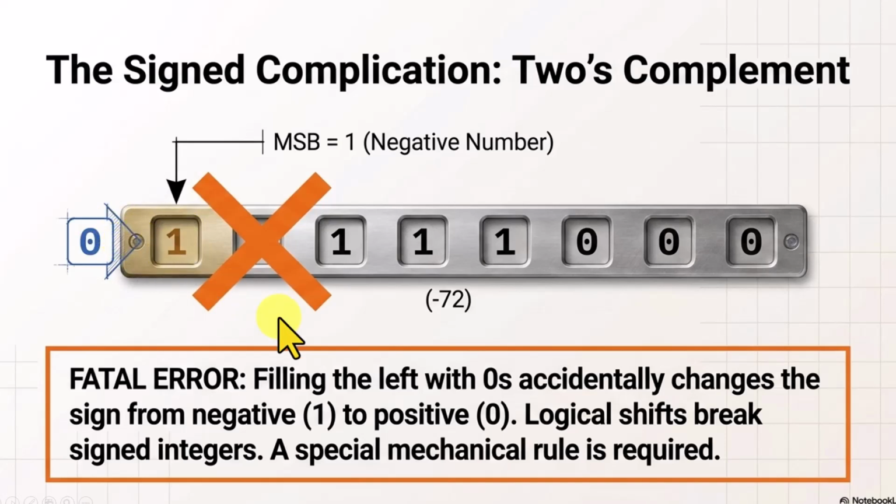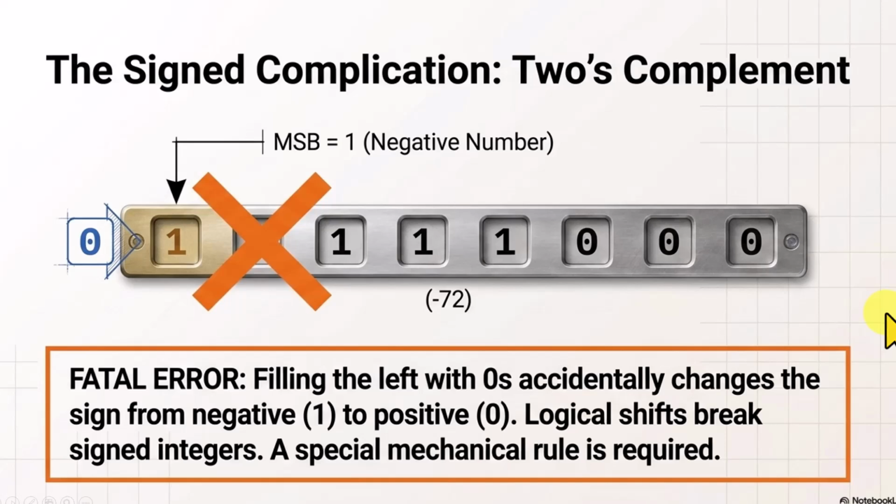Negative 20 divided by 2 will be negative 10. It won't be positive 10. So logical shifts break signed integers, so a special mechanical rule is required.